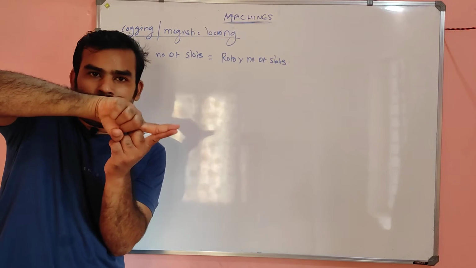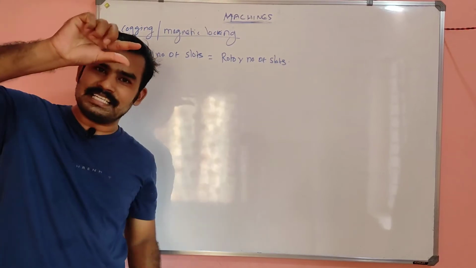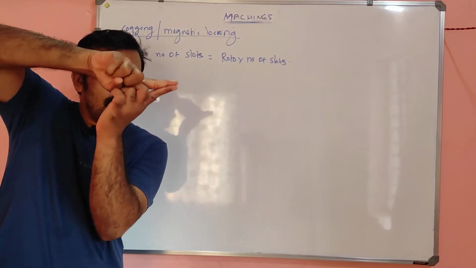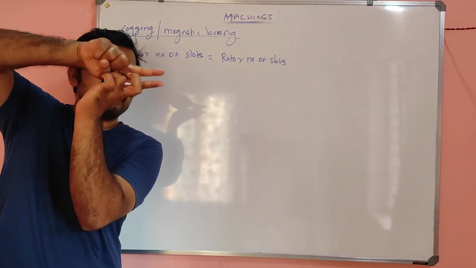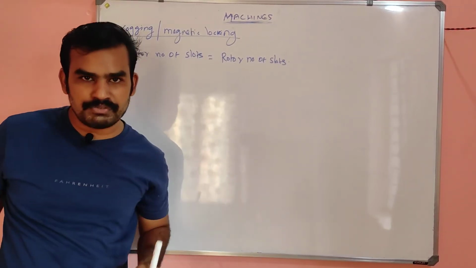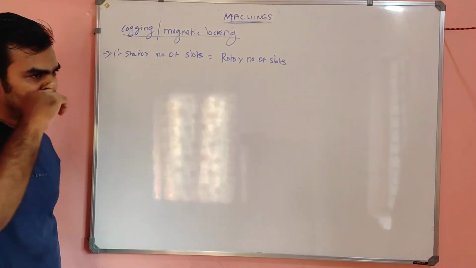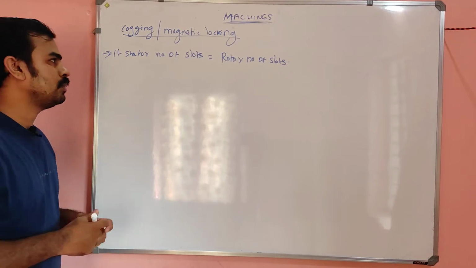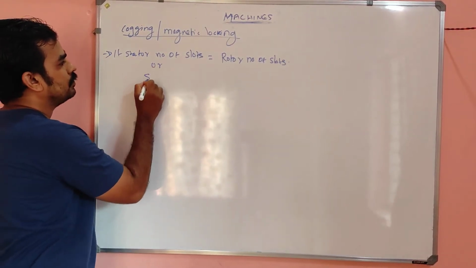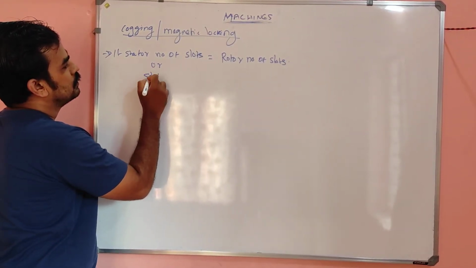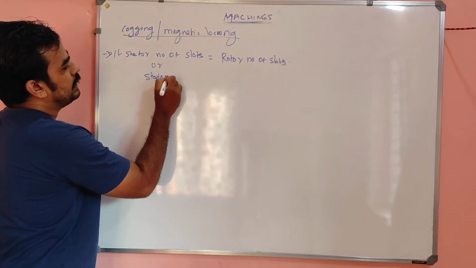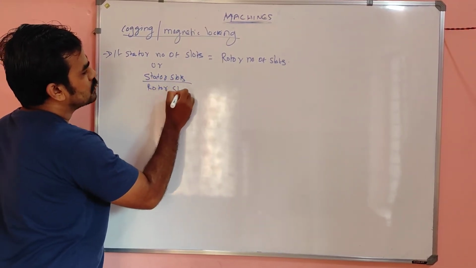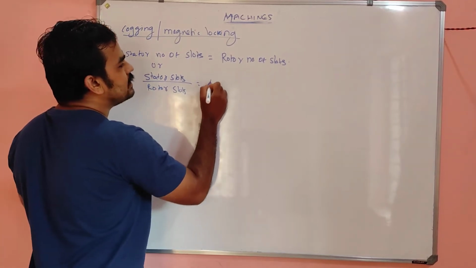It will never lock mechanically, because there is an air gap between stator and rotor, of course. But there is a chance of magnetic lock between stator and rotor slots if both are equal, or if stator slots divided by rotor slots equals an integer.